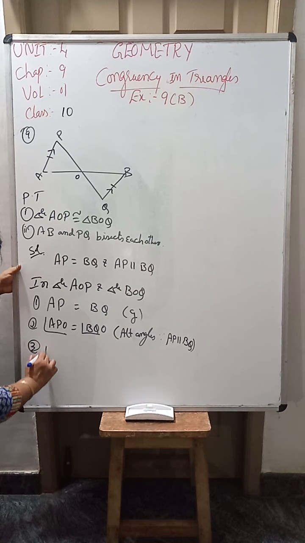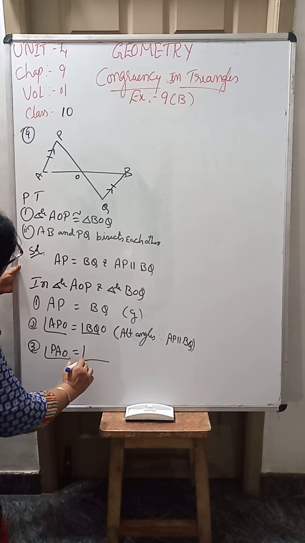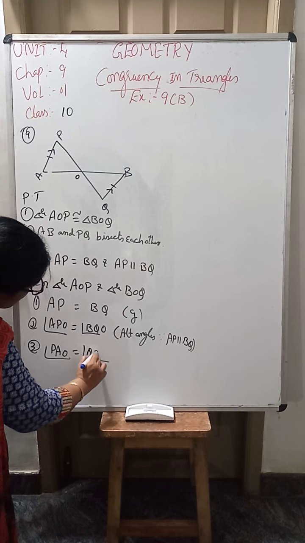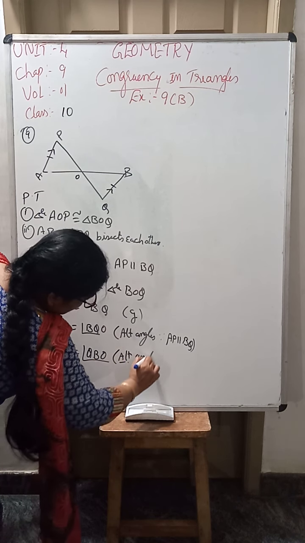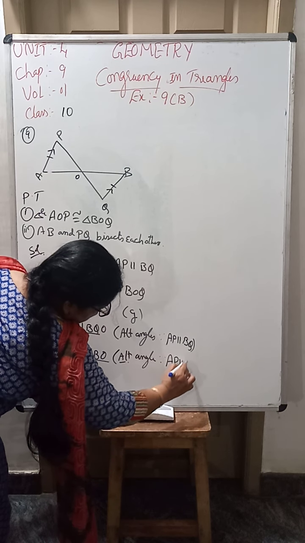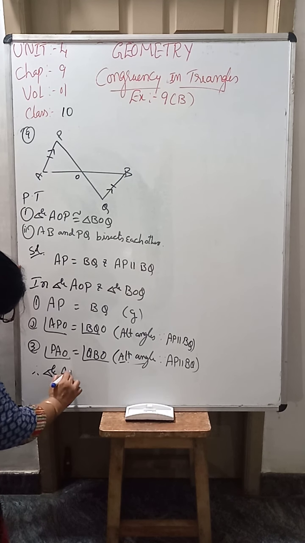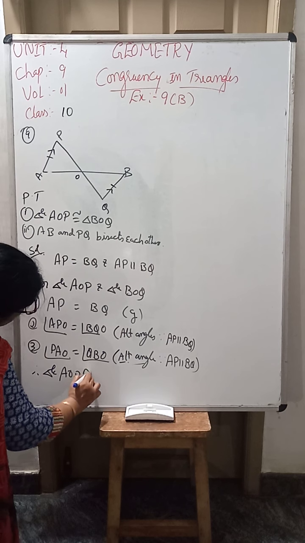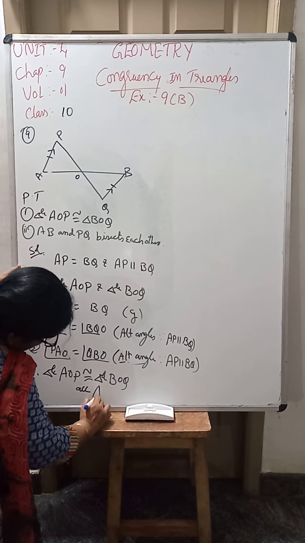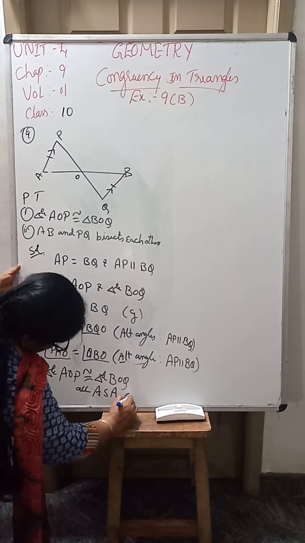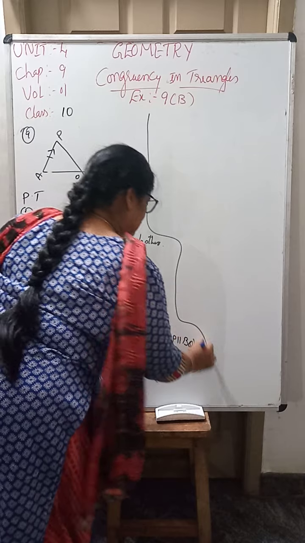Third one also the same way: angle PAO is equal to angle QBO, same reason, alternate angles because AP is parallel to BQ. Therefore, triangle AOP is congruent to triangle BOQ according to ASA condition. First question we have easily proved.